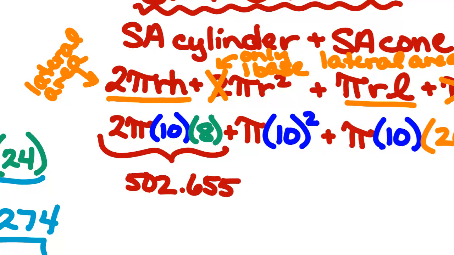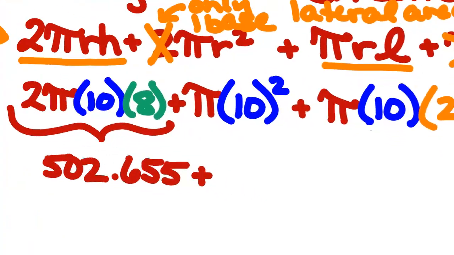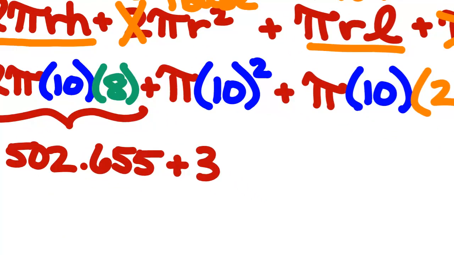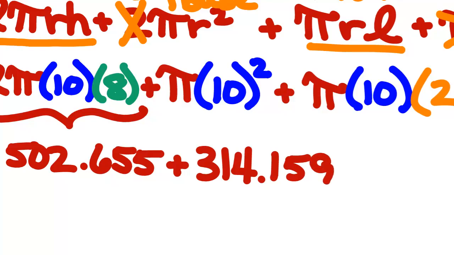So 502.655 plus pi times 10 squared, 314.159.